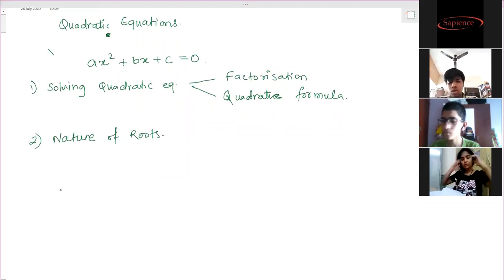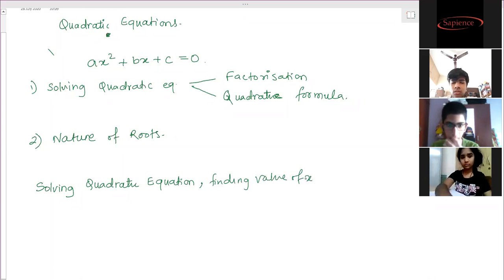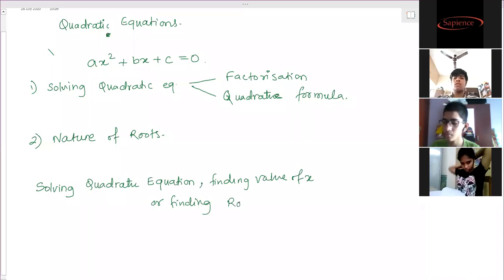Okay, so we are starting with solving quadratic equations, that is finding the value of x, which we call its roots. Solving a quadratic equation means finding the value of x, or finding the roots of the equation.